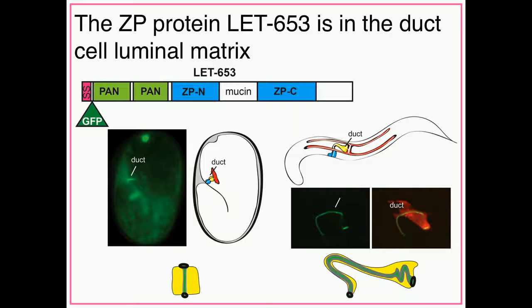Next, LET-653 has a ZP domain whose two halves are spanned by a predicted mucin-like region. Mucins are also ECM components that are highly glycosylated. So here's a LET-653 fusion protein in the duct lumen during embryogenesis when the duct looks like this, and then slightly later when the duct is much more elongated.